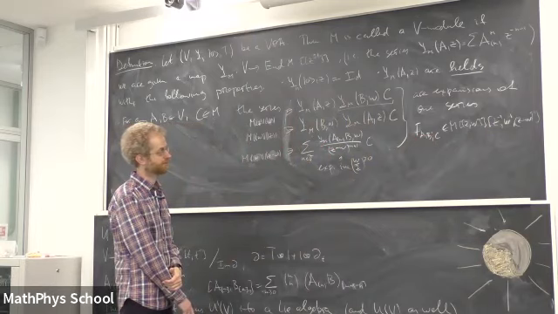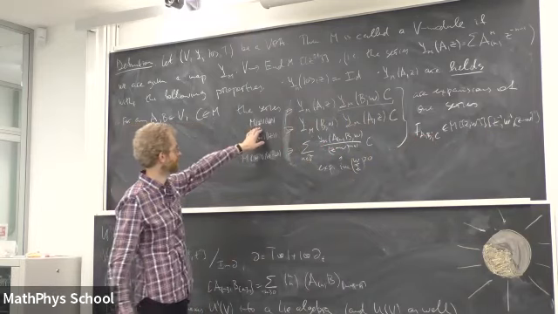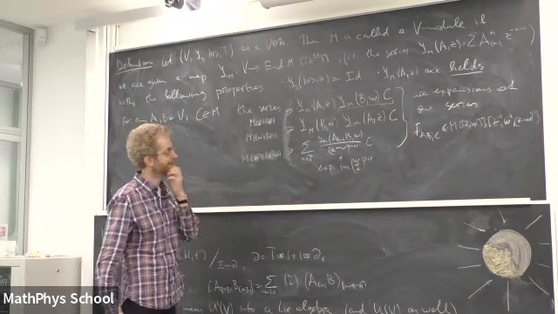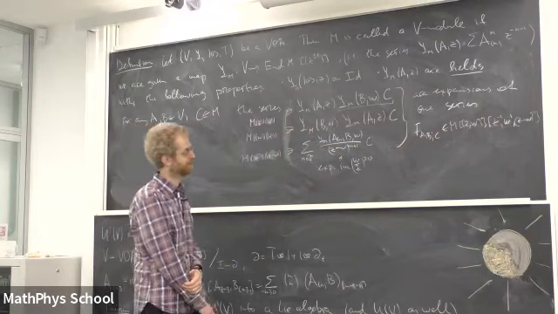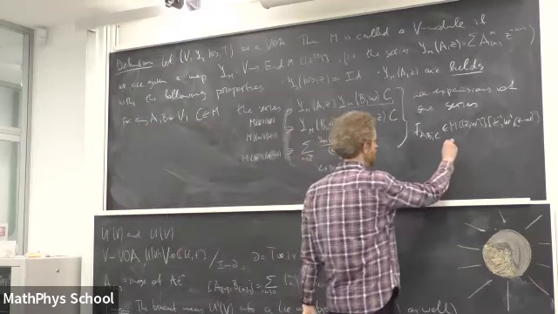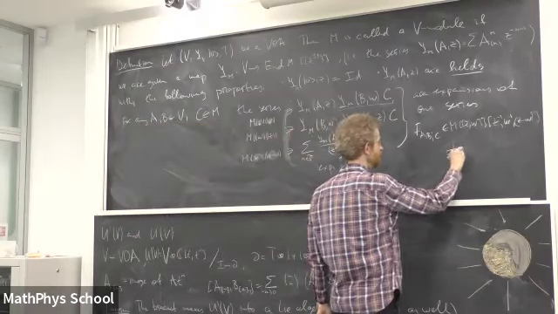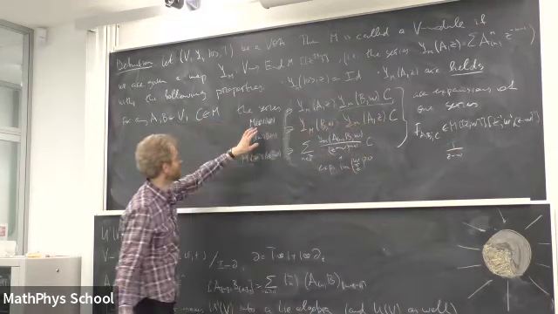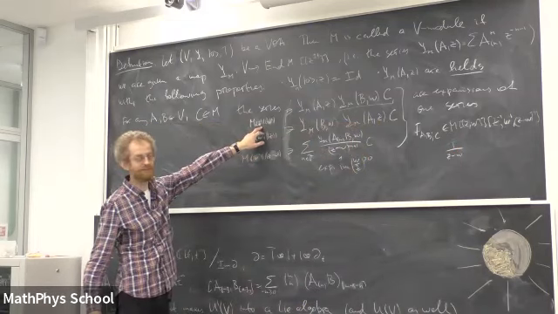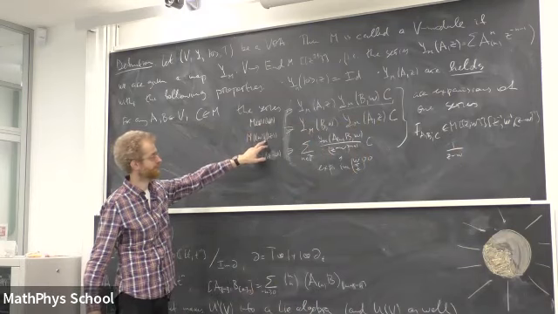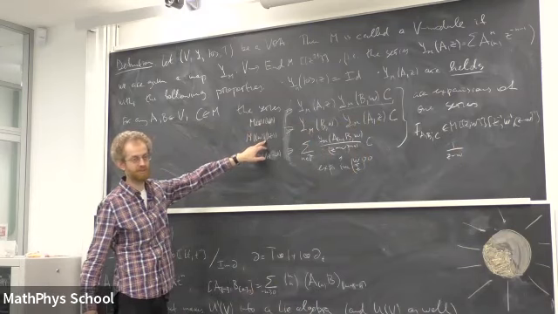But what you can do, for example, here, yes, you can expand. So for example, here you have 1 over Z minus W, and you can expand it to be here, or you can expand it to be here.